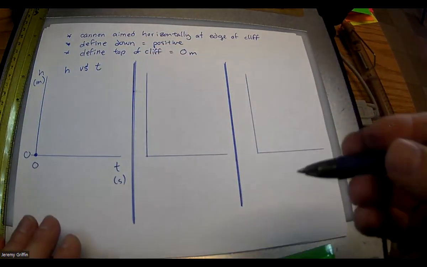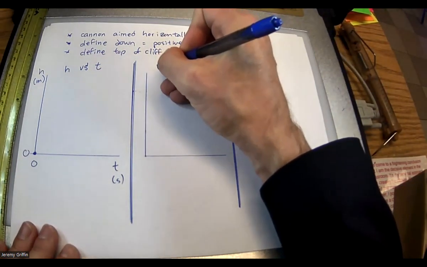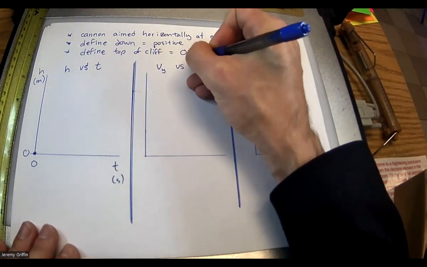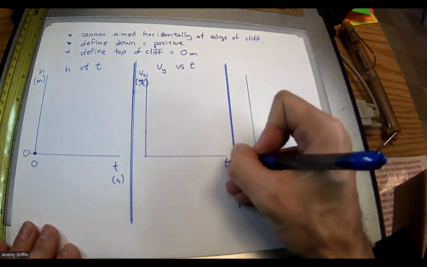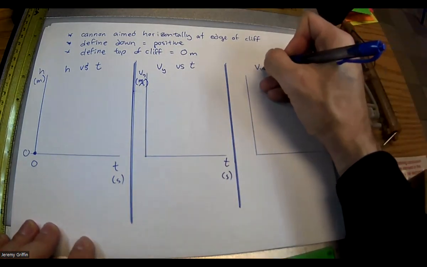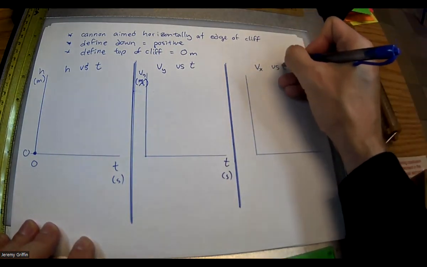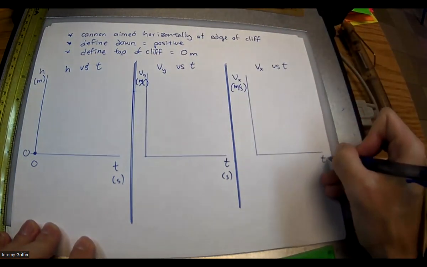Let me set up the next two graphs I'm going to have you do. What's the vertical component of velocity as a function of time? That'd be in meters per second, and time is in seconds. And finally, I'll be interested in what's the horizontal component of velocity, v sub x, as a function of time as time is passing along.